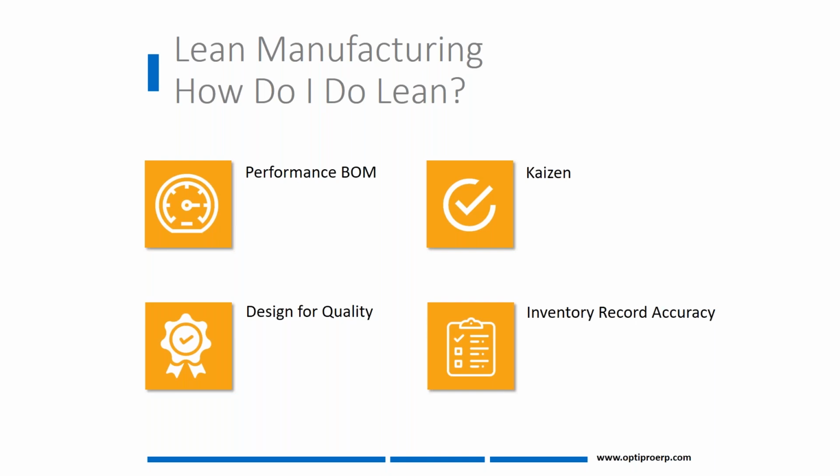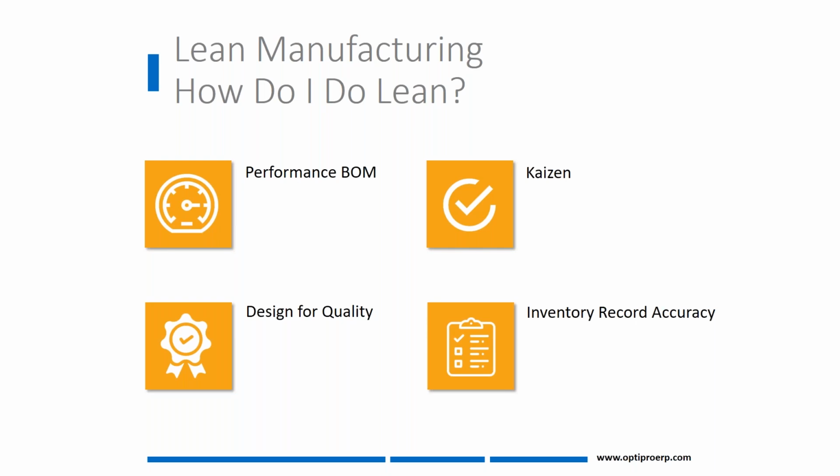Kaizens typically meet once a week. They may spend 60 minutes, 90 minutes, and their focus is continuous improvement. Larger companies may have multiple Kaizens. They may be multiple cross-functional teams within the organization, and they get together, and this is about continuous improvement.